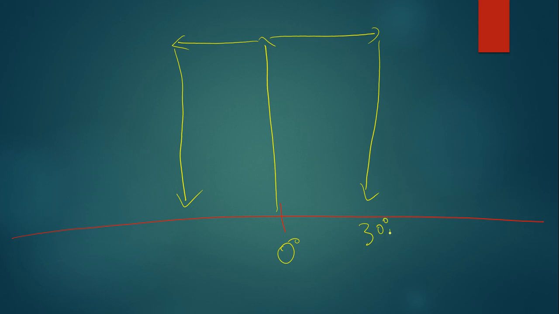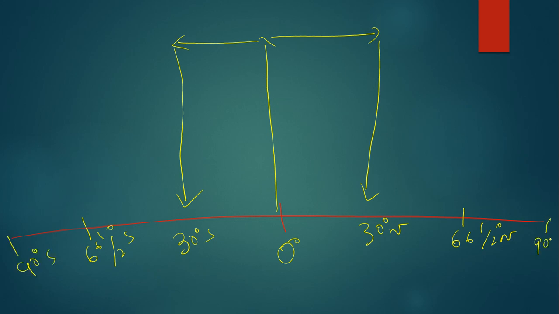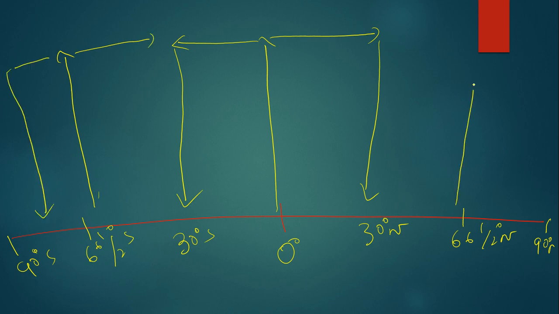It is 30 north and 30 south, 66 and a half south, 66 and a half north, and 90 south and 90 north. So I am just making the direction of the wind. You have to be very careful during the drawing of the wind direction. So hence the wind direction is like this.